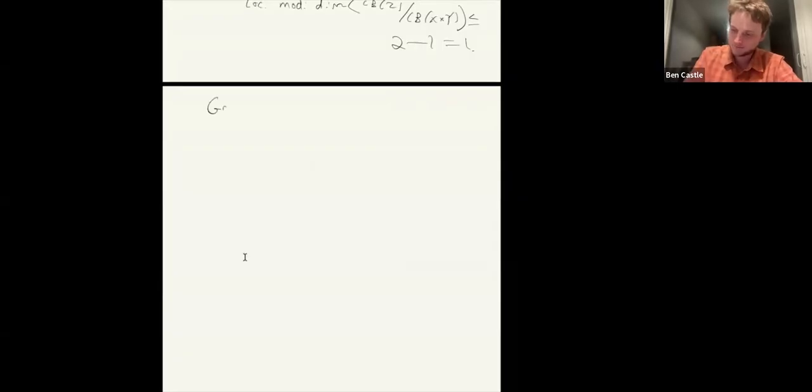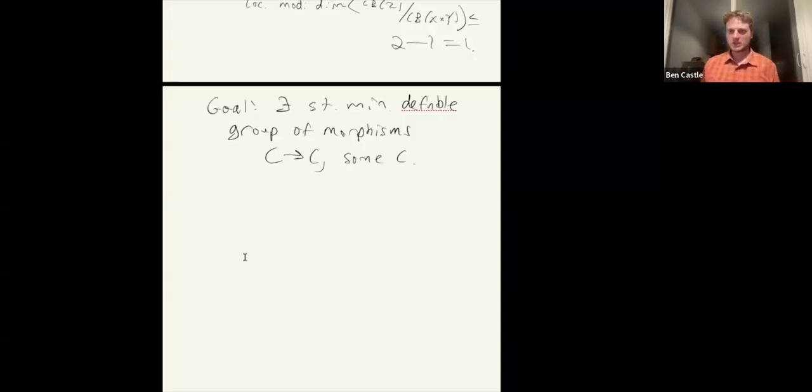So the goal is that there exists a strongly minimal definable group of morphisms from C to C for some C. I said in the notes, by the way, that from this point on I'm trying to reserve the letters C and D for classes and X and Y for definable sets belonging to those classes. Hopefully that's helpful. Okay, how do we do it?